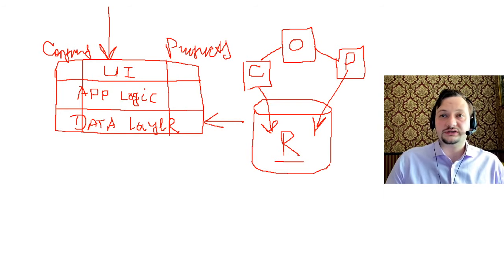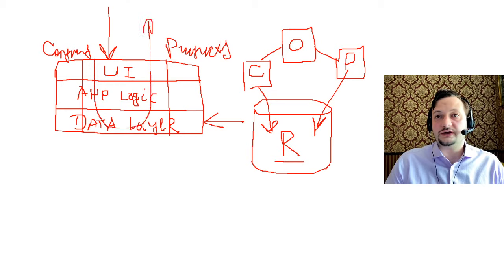So a request goes here, it passes through all the layers, we work with the data, we process the data, and we provide the result of processing of this request.